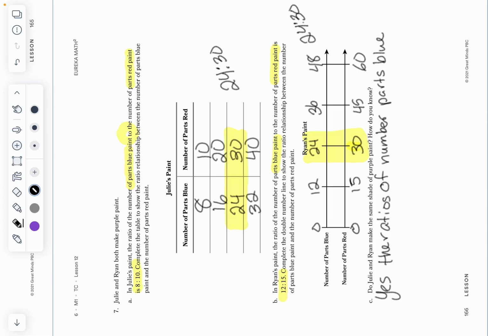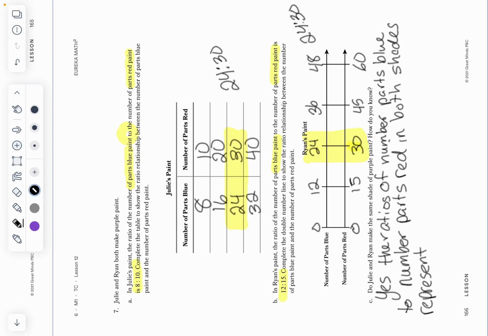So yes, the ratios of number of parts blue to number of parts red in both shades represent the same ratio relationship. All right, Julie and Ryan's paints. And then you want to give your evidence, right?